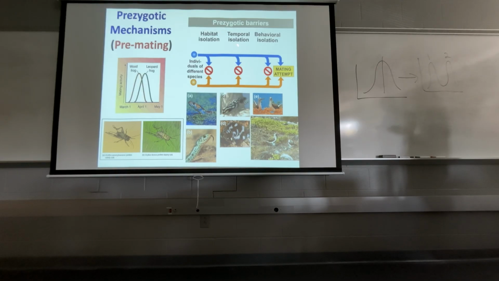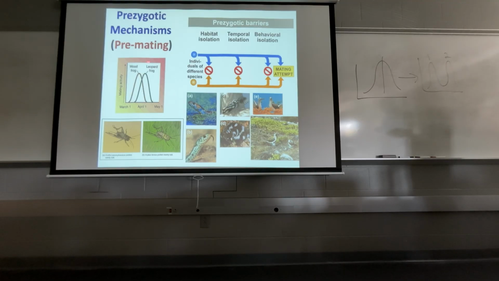Temporal isolation also makes a lot of sense. Temporal isolation is when 2 closely related species that might have the ability to interbreed are actually separated by when they mate. Right? So it's a time thing. Frogs are a great example. Here in Indiana we have wood frogs and leopard frogs and several other frog species, but these are just 2 here.